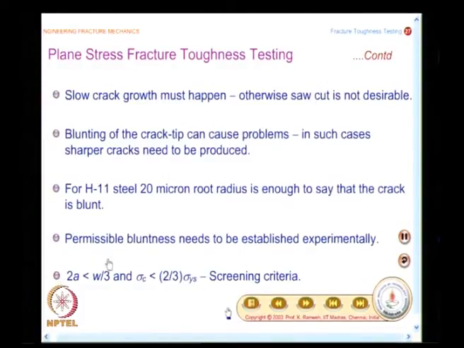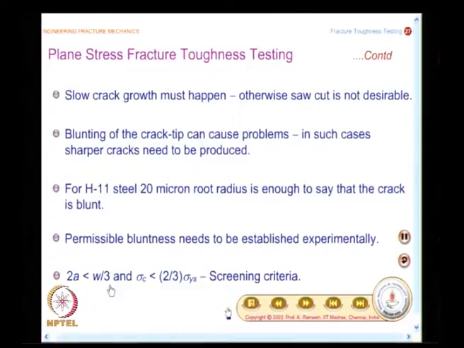And you have certain screening criteria. The length of the crack should be less than 1/3 of the width. 2a is less than W by 3. And I had already mentioned, the moment you come to plane stress fracture toughness testing, the width of the panel also matters.